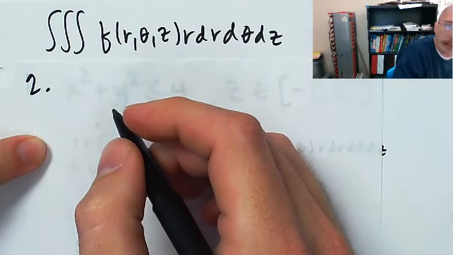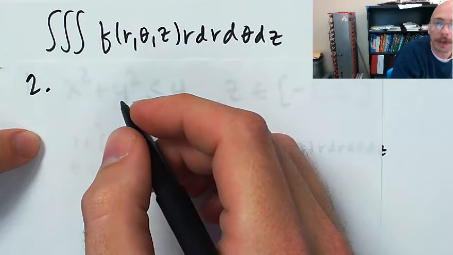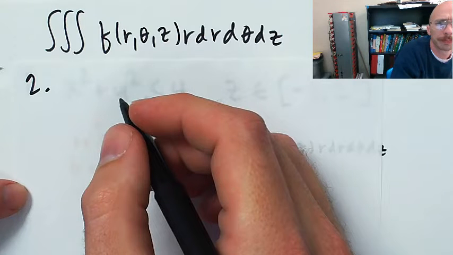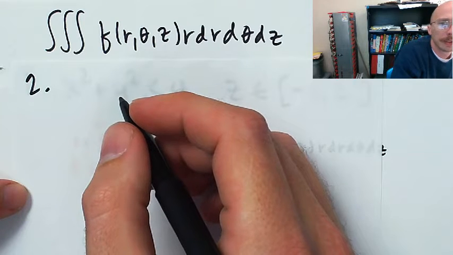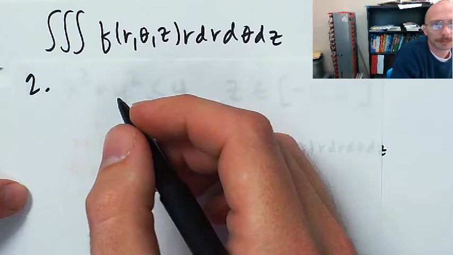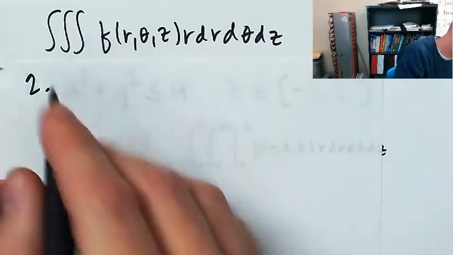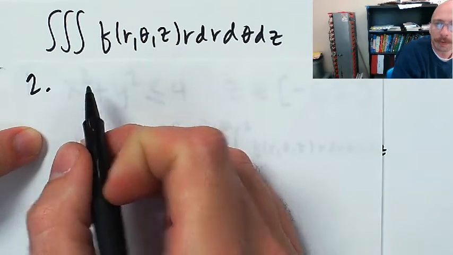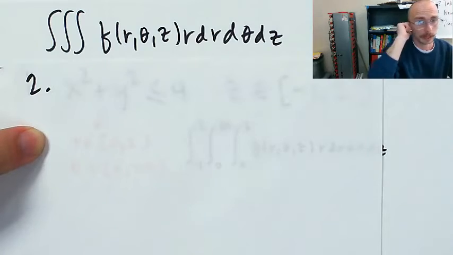For number 2, it says lower hemisphere of a sphere with radius 2 centered at the origin. Why would you integrate over a sphere with cylindrical coordinates? Okay, so I don't even know how to draw this. The lower hemisphere of a sphere with radius 2 centered at the origin. All right.